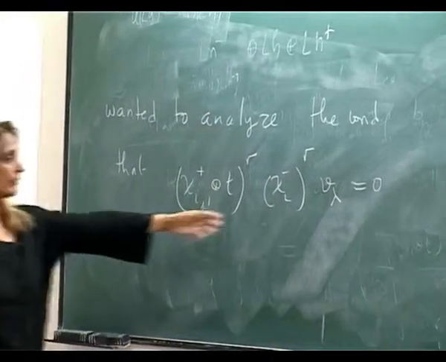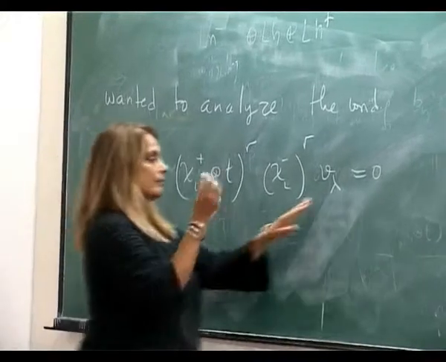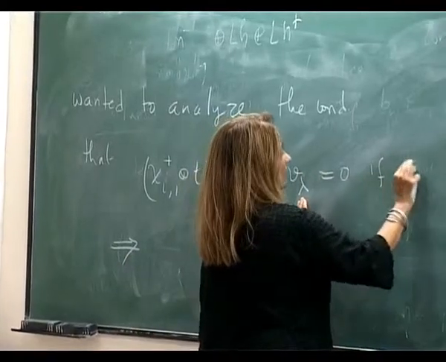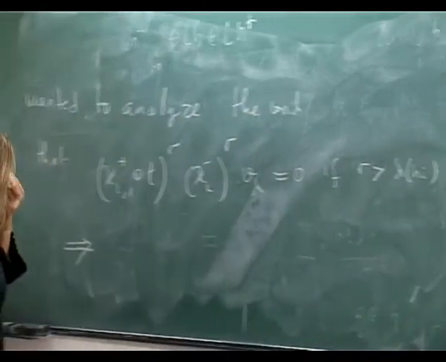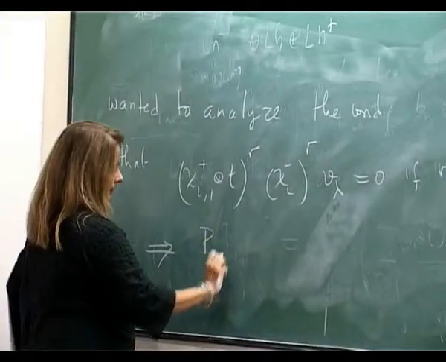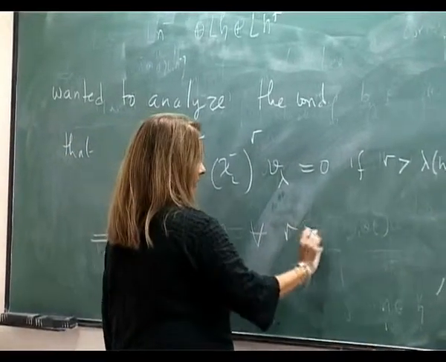But Garland tells us what this is. This is the same as saying that it equals 0, in fact, if r is bigger than lambda of h_i. And Garland tells us that this is the same as saying that P_ir is equal to 0 for all r bigger.